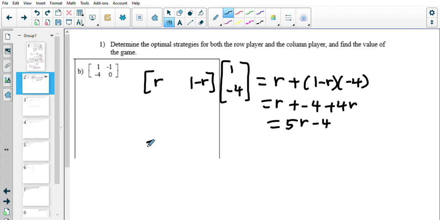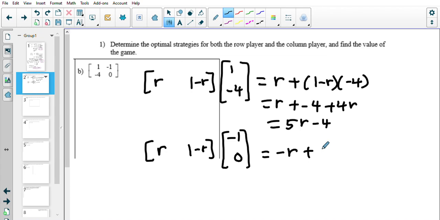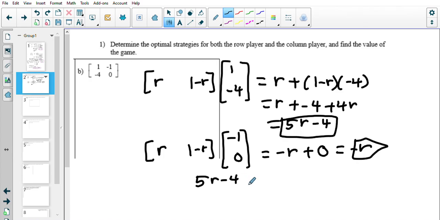And then when they play that arbitrary row strategy against the second column of -1, 0, they get R times -1 is -R, and 1 minus R times 0 is 0. So just -R. Then we'll set these two results equal to each other. 5R minus 4 equals -R.